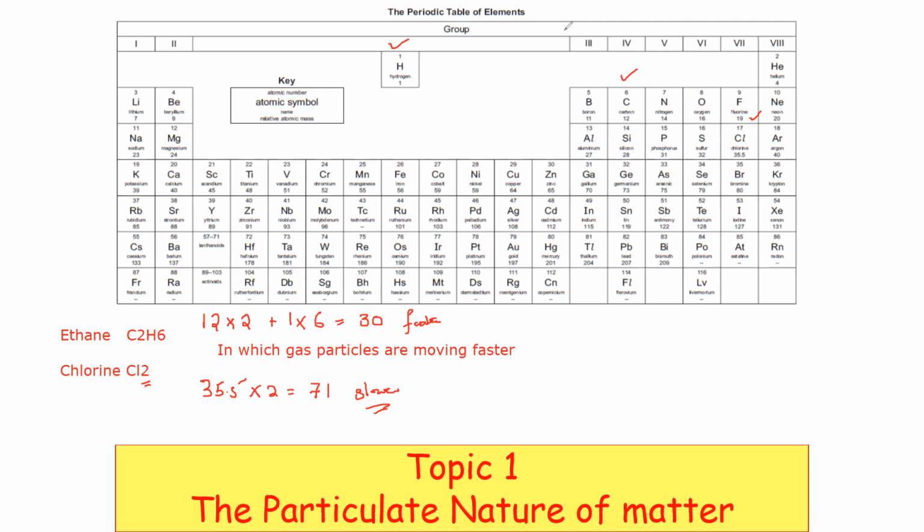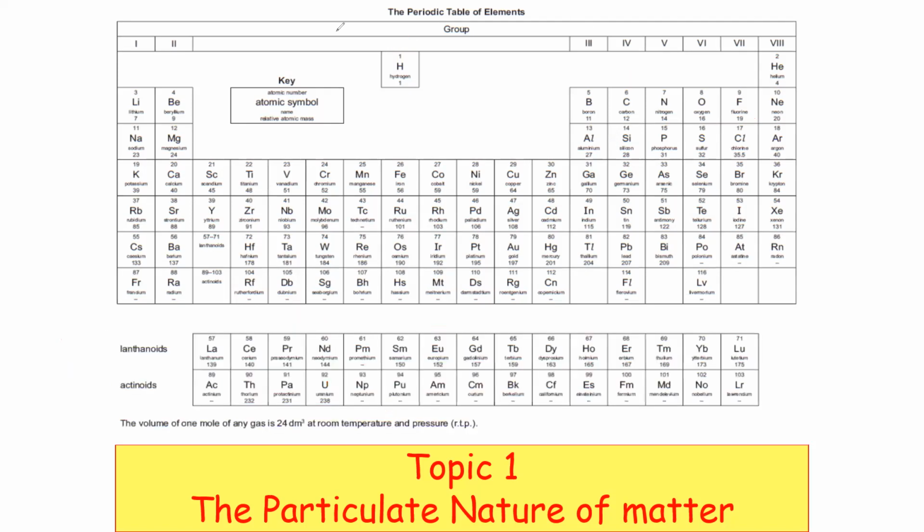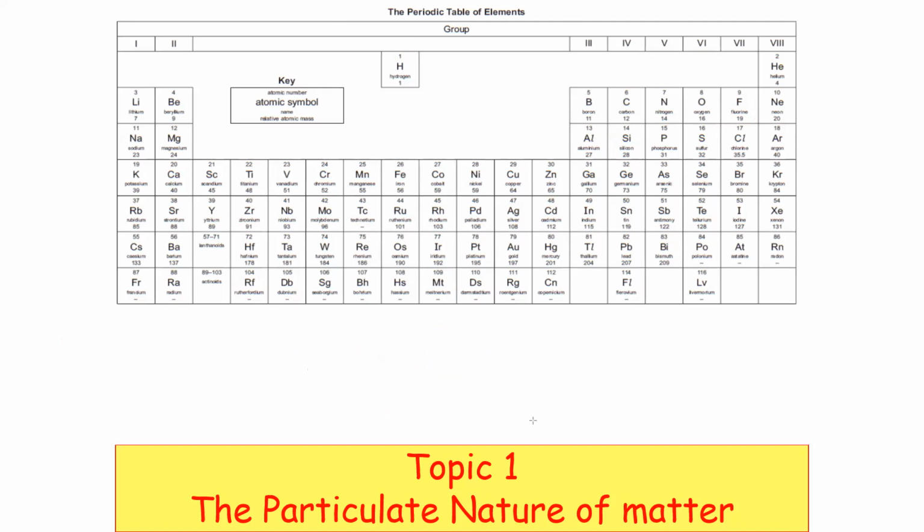Then another example, to work out the movement or the motion of the particles. You have, say, two gases, butane and chloromethane.